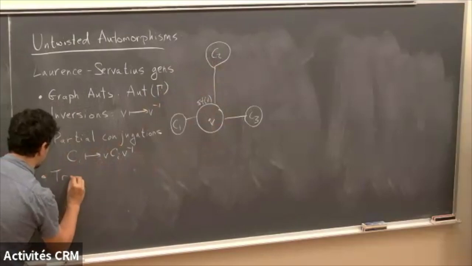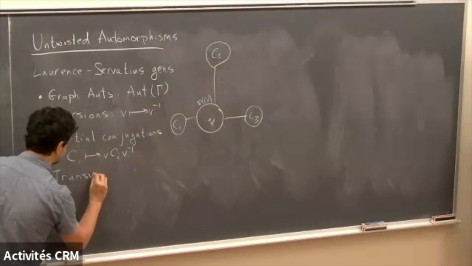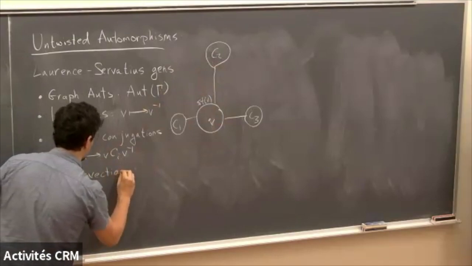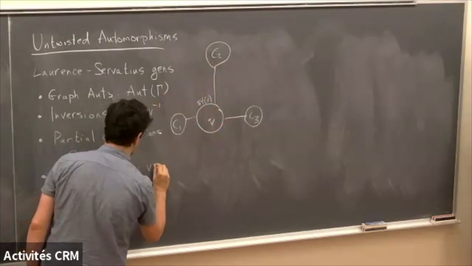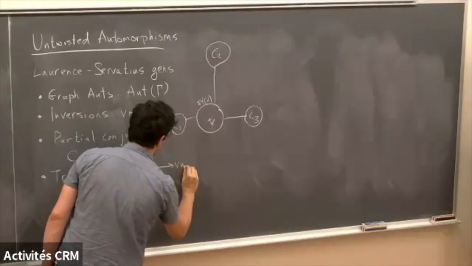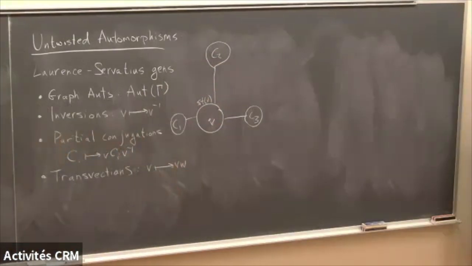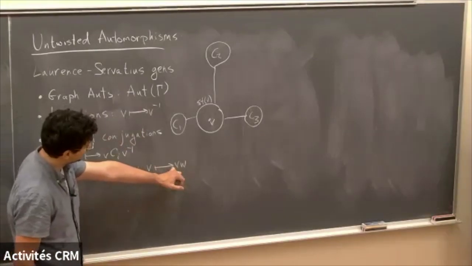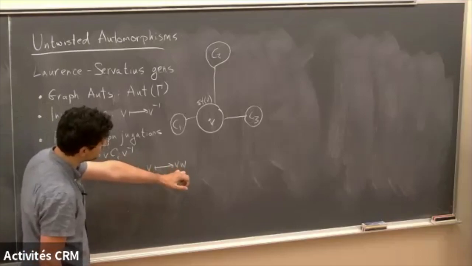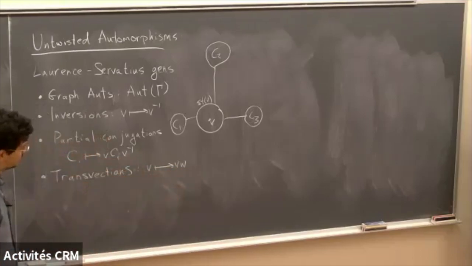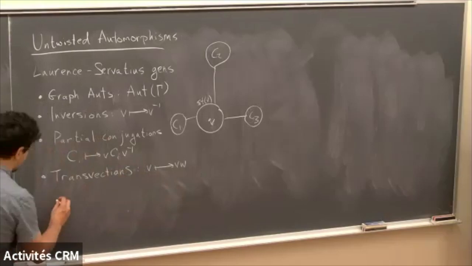And then there are transvections. And these fall into two different types, but they always have the form v goes to vw. So what you need in order for this to work is that the link of v, everything that v commutes with, w has to also commute with. And there's two ways this can happen.